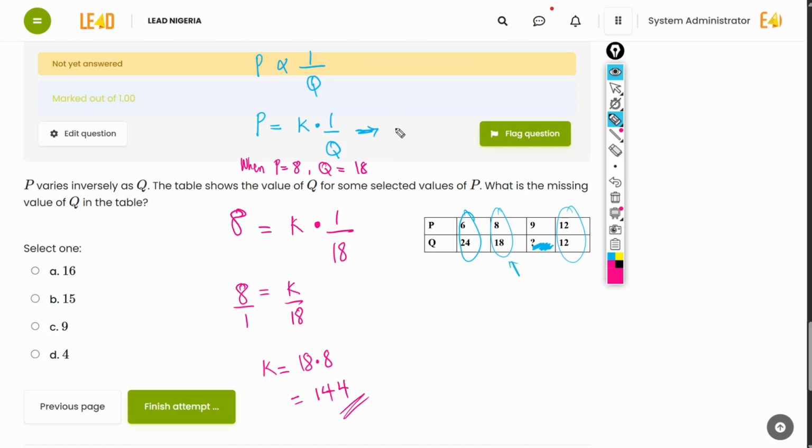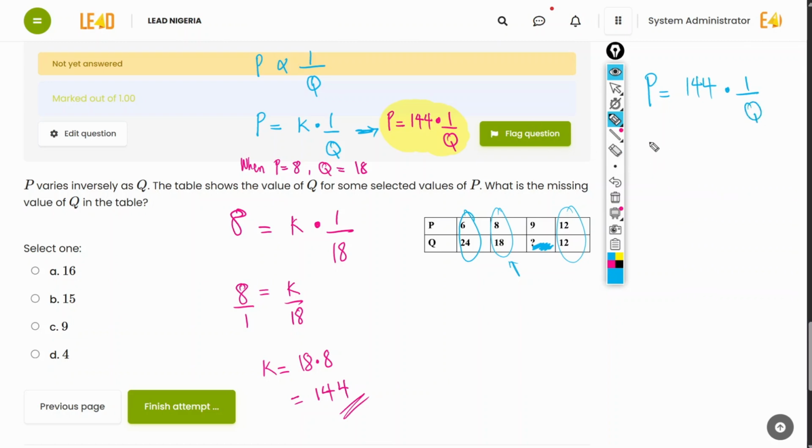So that means that this relationship can be rewritten as P is equal to 144 times 1 over Q. So you must always come back to set up the relationship with your K. For any variation problem, it's very important to set up the standard relationship, because it's with this that you can solve any problem. So now that we have that well written, we have that P is equal to 144 times 1 over Q.